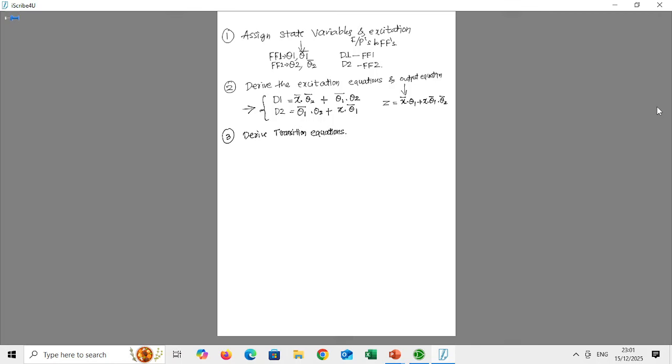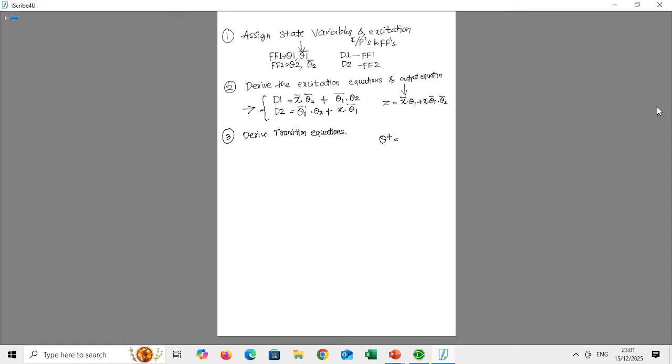In the characteristic equations, we write the Q plus of every flip-flop in terms of the present state, and in this case the input also. So we write Q plus, the next state output, in terms of the present state outputs and also the present inputs.